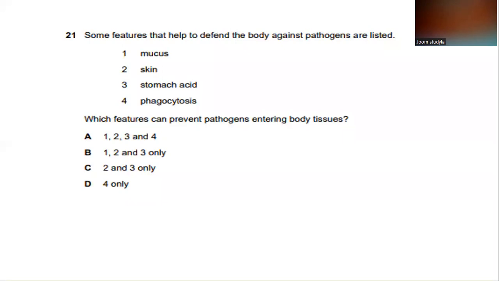Mucous membrane produces sticky mucus which can trap bacteria and other pathogens. So the answer would be mucus and skin, and also the stomach acid, which is related to stomach function. Which features can prevent pathogens entering body tissues? The answer is 1, 2, and 3.